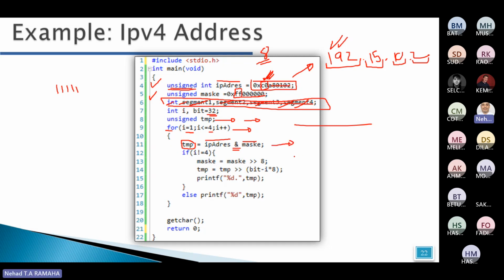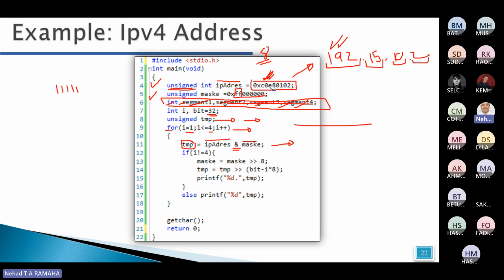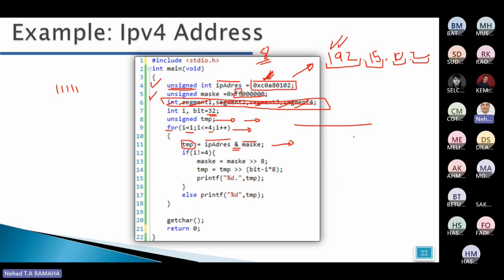Okay, so what will happen here? The first time you have this one, which is C0.01.8a.0c.